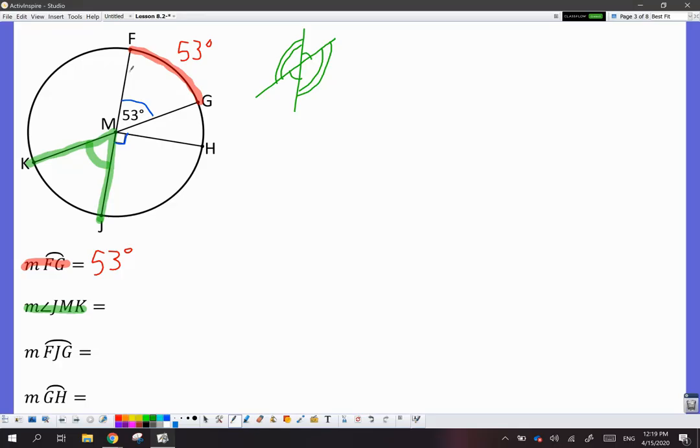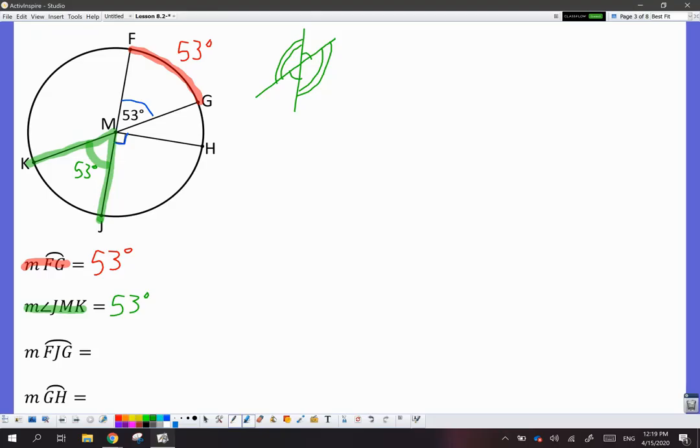And that's what's happening here, because I have this line and I have this line that intersect. So if this angle is 53 degrees, then by vertical angles, this will also be 53 degrees. So the measure of angle JMK is 53 degrees because of vertical angles.